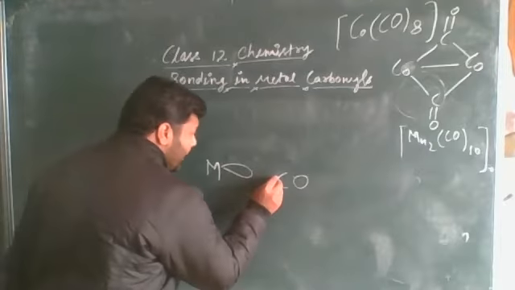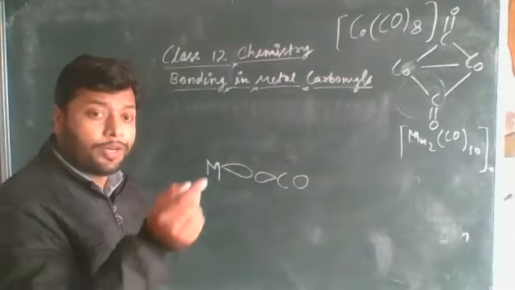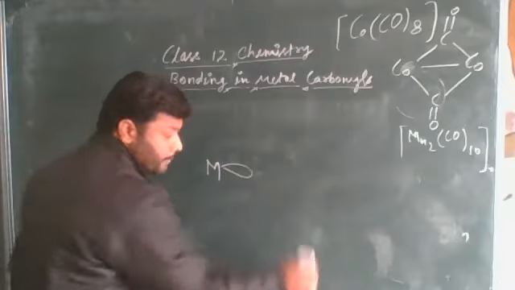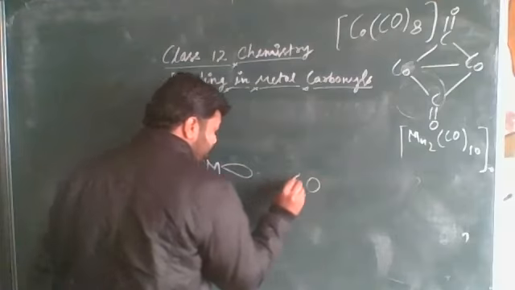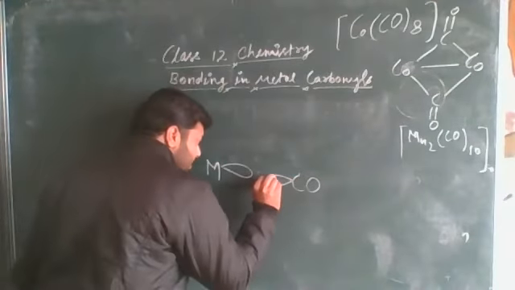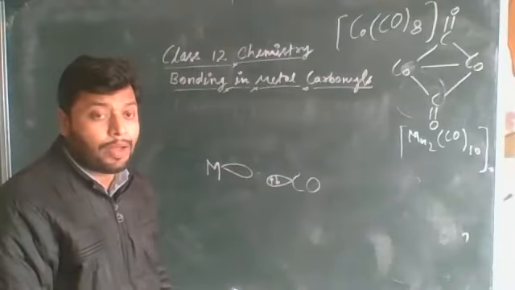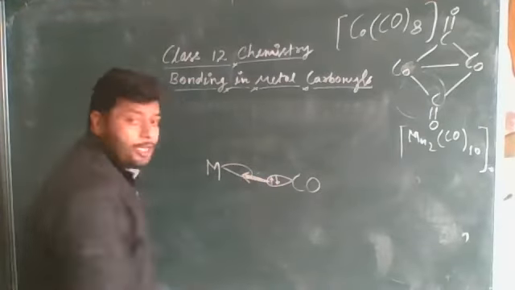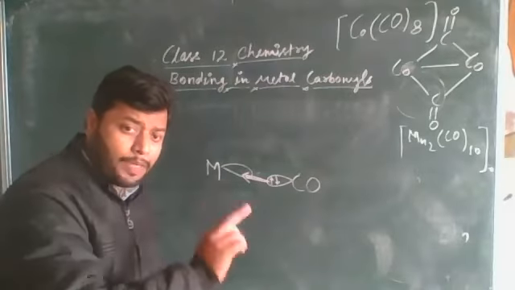Carbon monoxide must have a lone pair of electrons that can coordinate with the metal. So this is a filled pair of electrons, and this one is the empty d orbital of the metal that will be involved in coordinate bond formation. This is the regular coordination bond between carbon and metal.